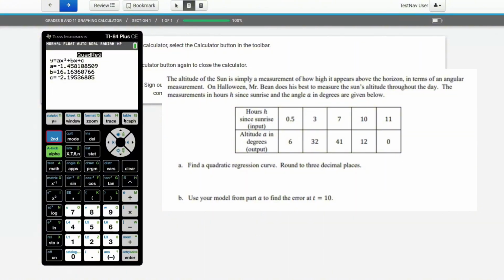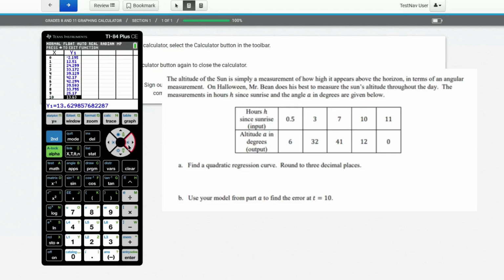So if I go to my table, 10 ends up being 13.63. So I'm going to go out of here and do my predicted, which is 13.63, minus my actual value, and my actual value at 10 was 12, and hit enter to get 1.63.